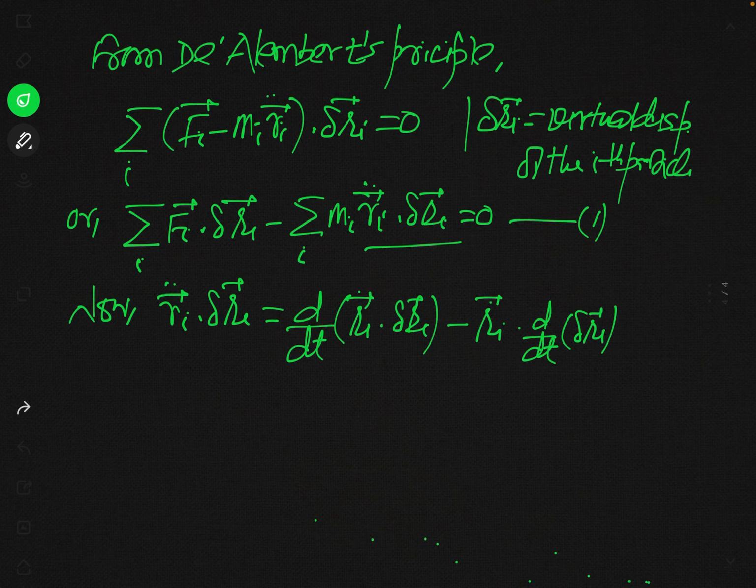You can check it. Actually, when we differentiate it, we will get this term and an extra term. So after subtracting it, you will get this Ri double dot delta Ri. So this term can be written in this manner.